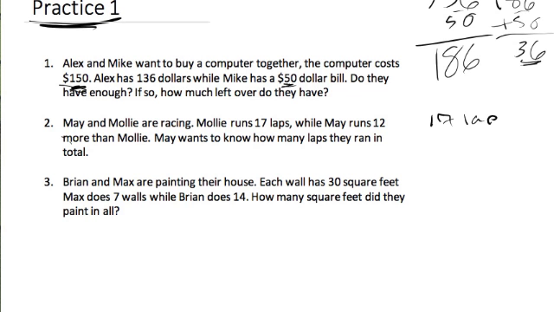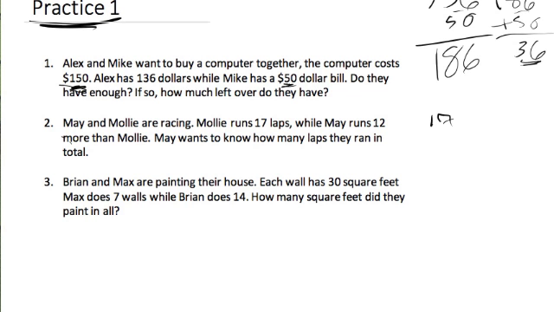So May runs 12 more than 17. So 17 plus 12 equals 29, because 7 plus 2 and 1 plus 1.